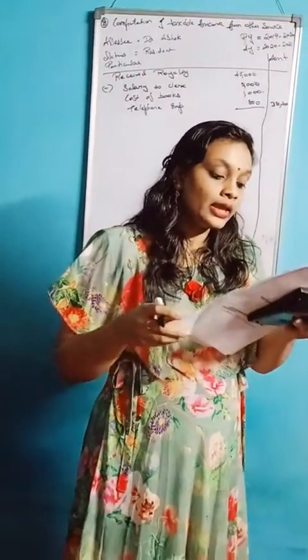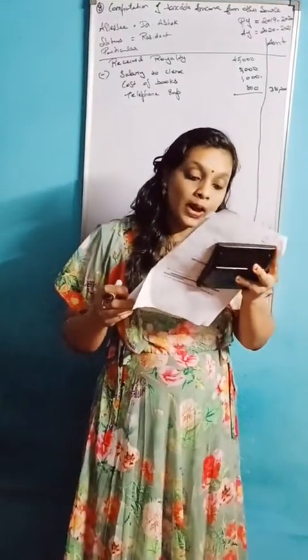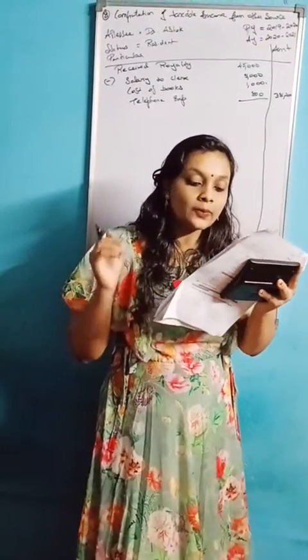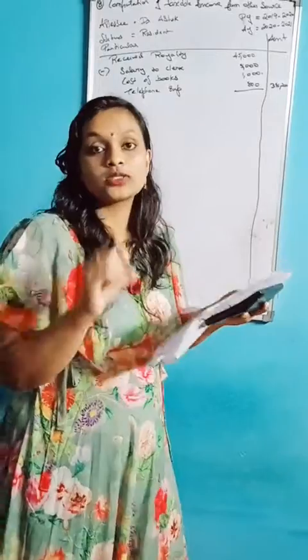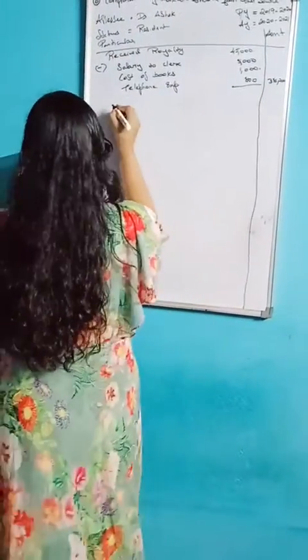Next one is income from articles published in Economic Times, rupees 7,000. It's taxable.